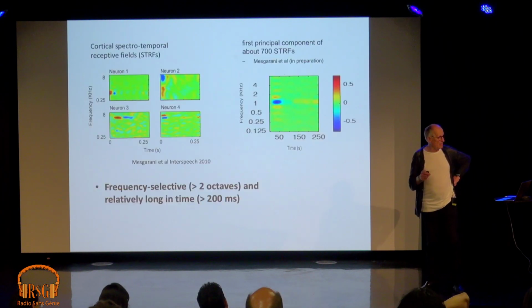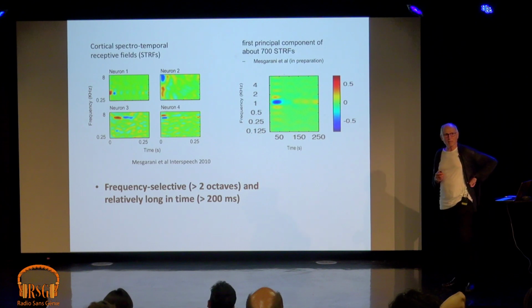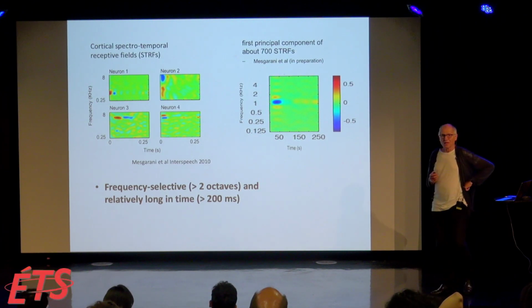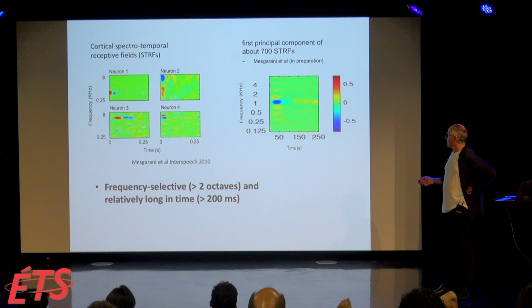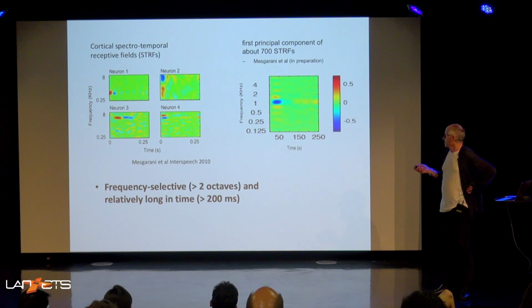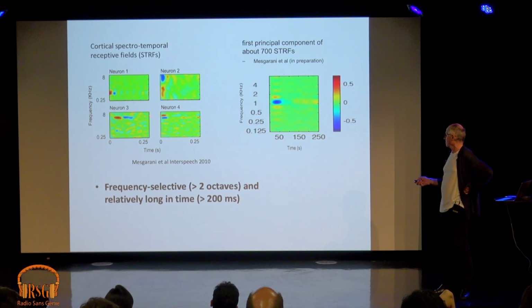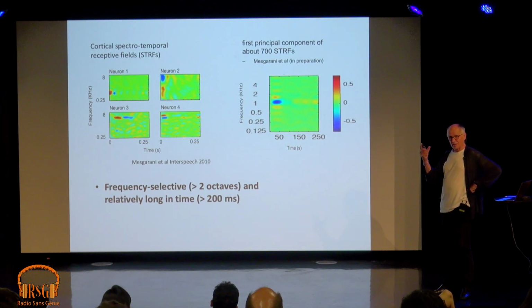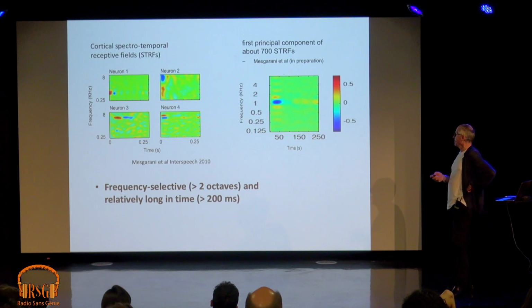I don't know to what extent Nima was mentioning it last week, but here we see 2 different cortical neurons, and each of the cortical neurons appears to be doing something else. The responses can be relatively long, this is a quarter of a second. Some of them are short, some of them are long, but they are also paying attention to different parts of the spectrum.